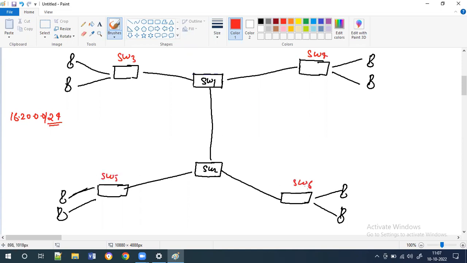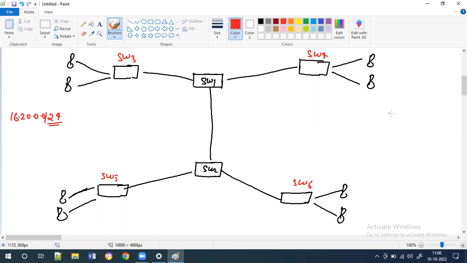So what I can do is put the entire thing into the same subnet, because switches work within a subnet, meaning in a single subnet. A router routes between the subnets. So within the subnet, all the PCs I can put into the same subnet, right?